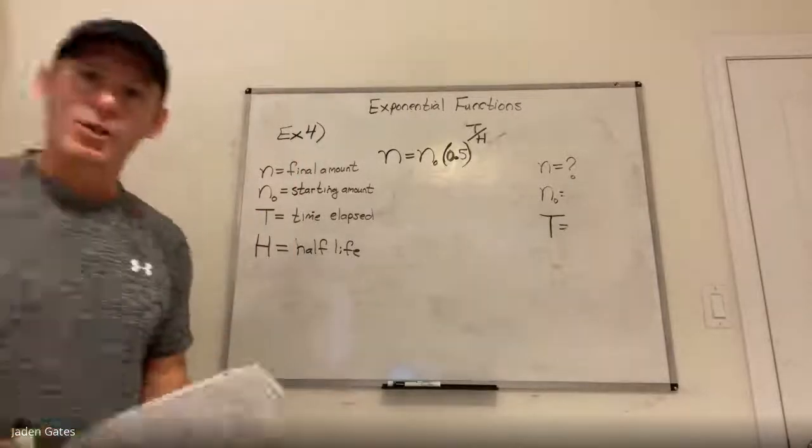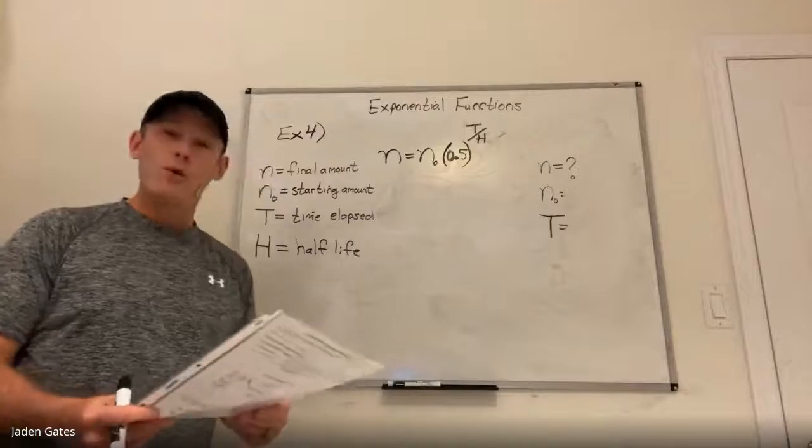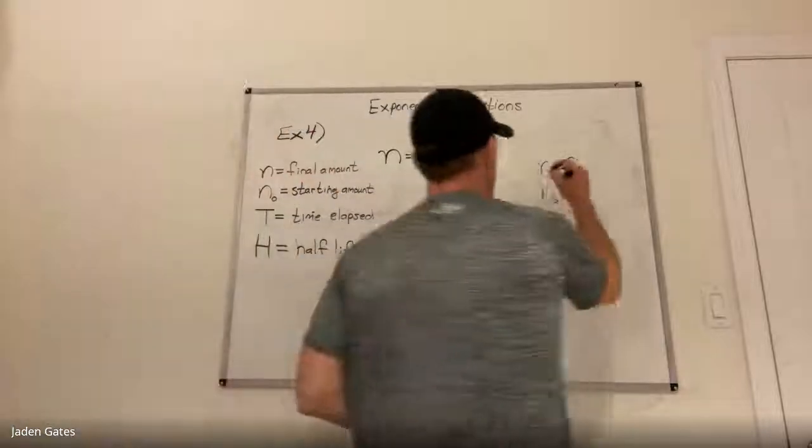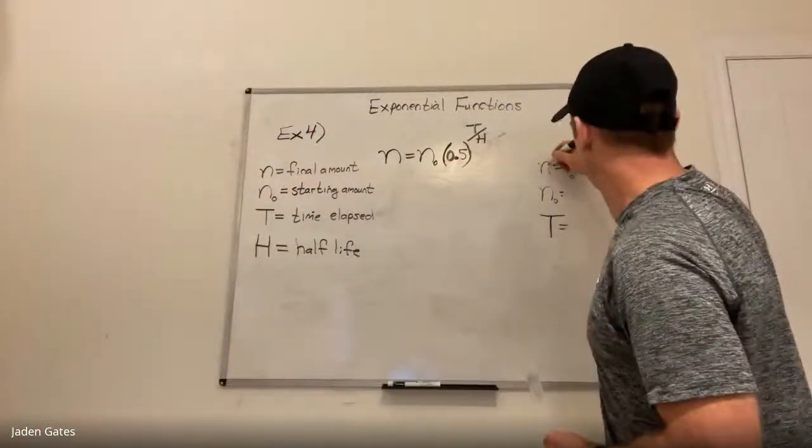All right, now back to the question. There is 200 grams of radioactive material. That is our starting amount.